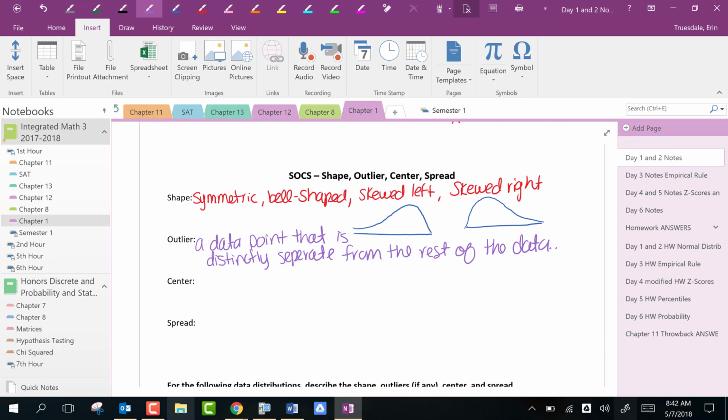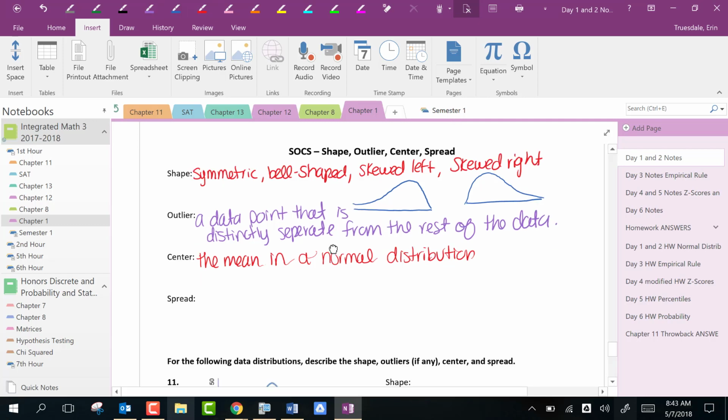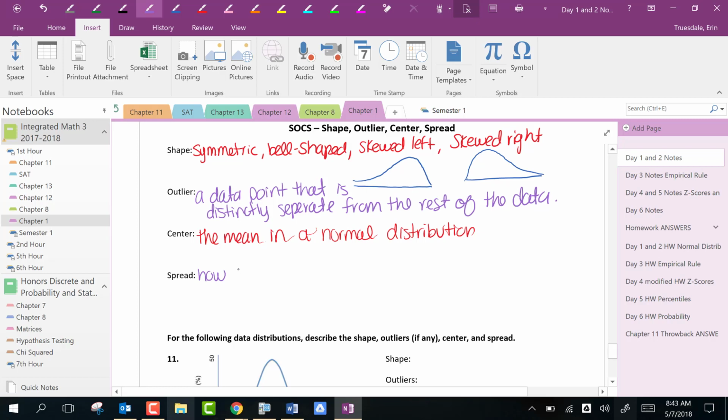Okay. Center, when you're talking about the normal distribution, is the mean. So it's the mean when we're talking about normal distribution, which we are here. And then the spread is how stretched or squeezed a distribution is.